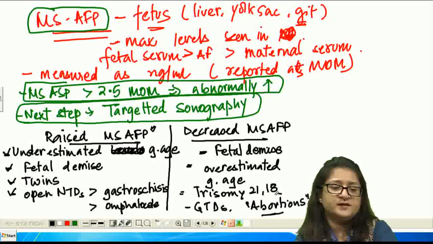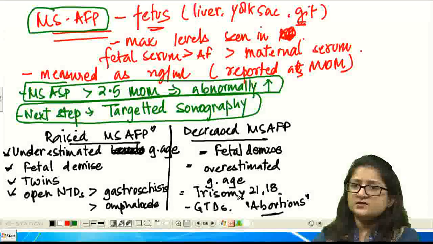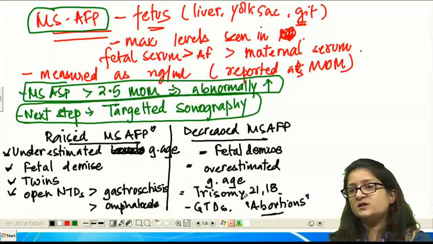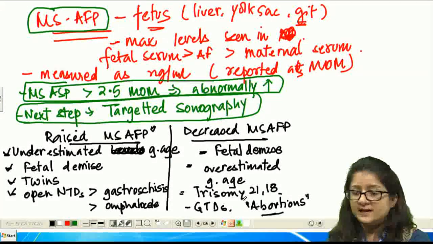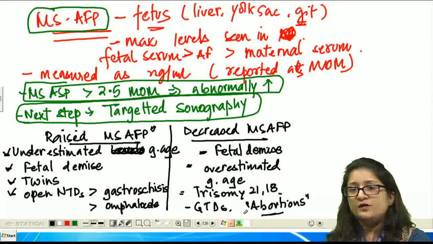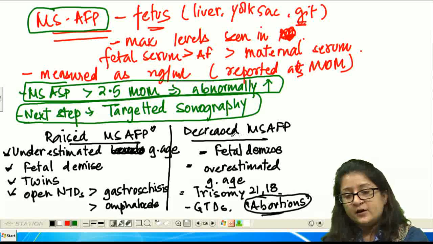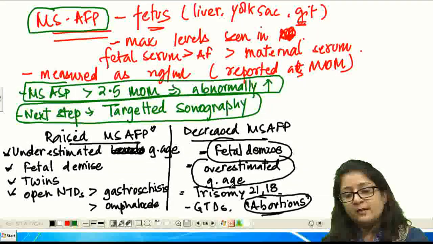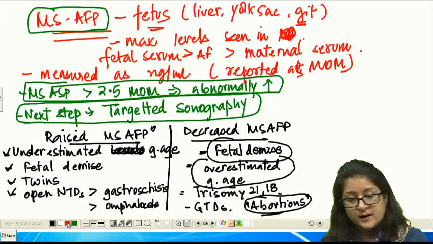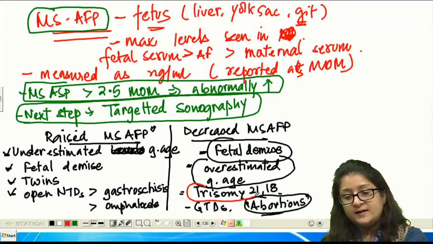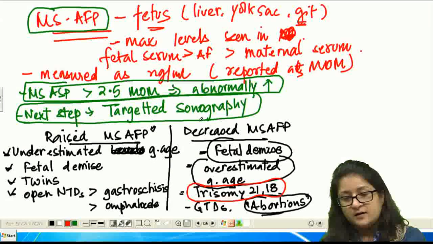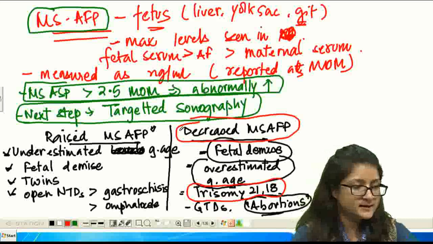Only a healthy fetus with a healthy liver can synthesize alpha fetoprotein, so if the fetus is unhealthy there will be less of it. Always remember that in trisomy it is always decreased.